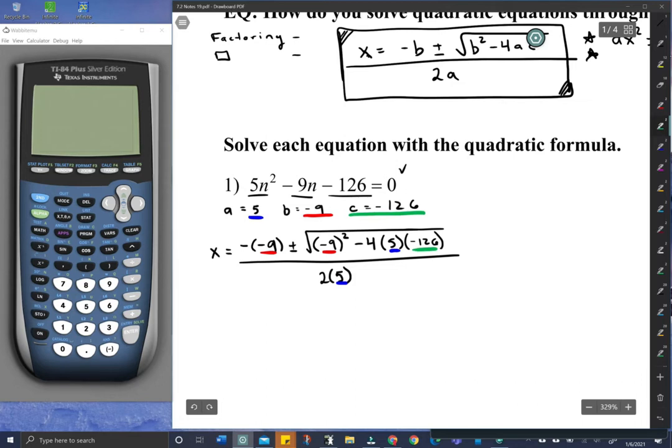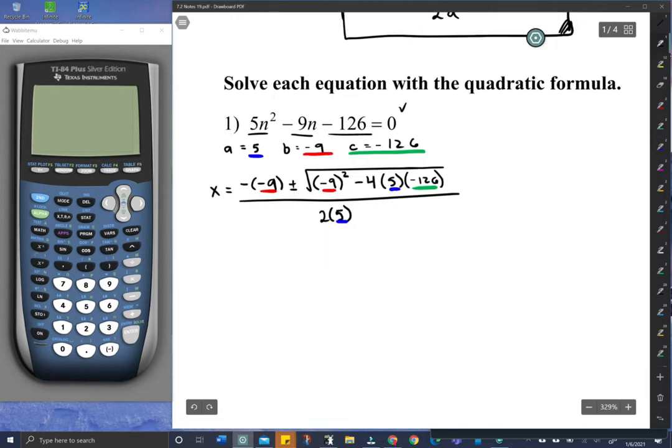Now, again, just be careful. As we simplify, the opposite of negative 9 is positive 9. The stuff in the square root, we actually have a name for that, and it's not super important, but we call that the discriminant. Discriminant is everything inside the square root.